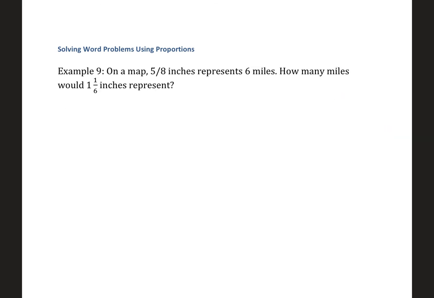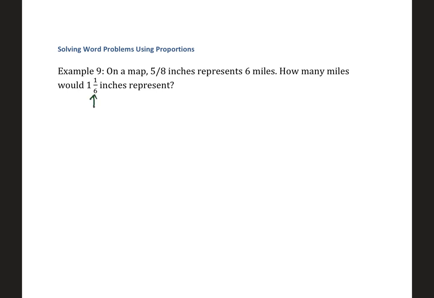Example 9, in our last example, on a map, 5/8 of an inch represents 6 miles. How many miles would 1 1/6 inches represent? So again, we're working with our fractions, and we have another mixed number. So what I'm going to do first is convert that to an improper fraction so I can work with it easily.